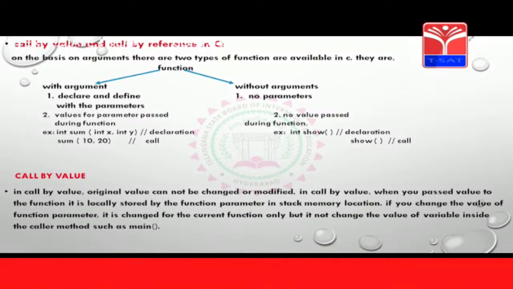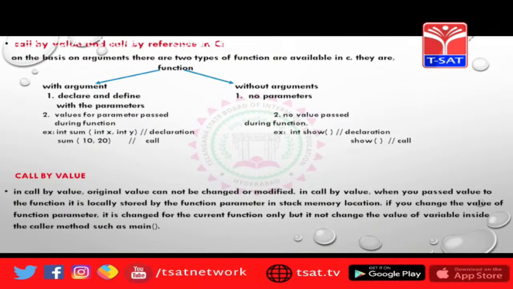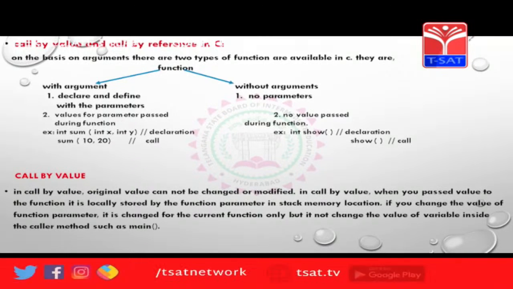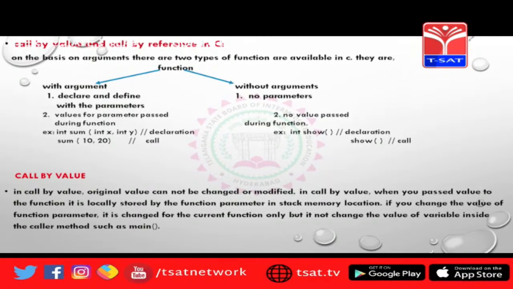How we are calling, the original value will not change whenever we are calling. When we pass the value to the function, it is locally stored by the function parameter only, in a stack memory location.